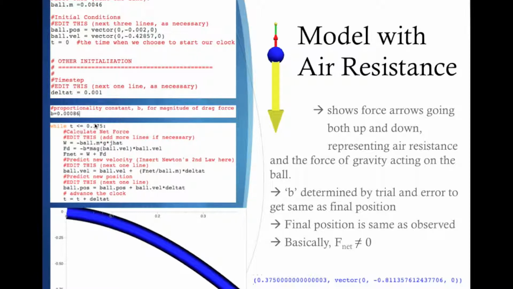So then over here in the code, you had to account for the drag force, which ended up being this whole equation right here. The final position that I got from the model was the same as my observed position. As you can see on here, there are 2 arrows: gravity going down, pulling it towards the Earth, and the drag force pointing up, acting against gravity.